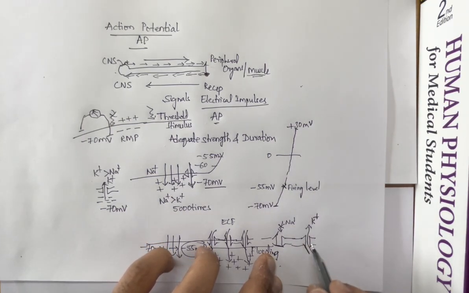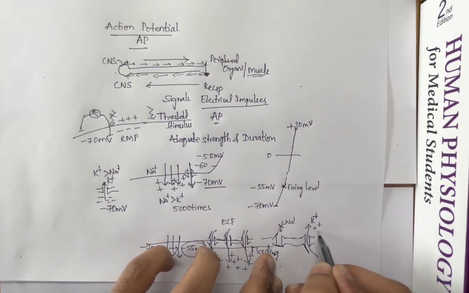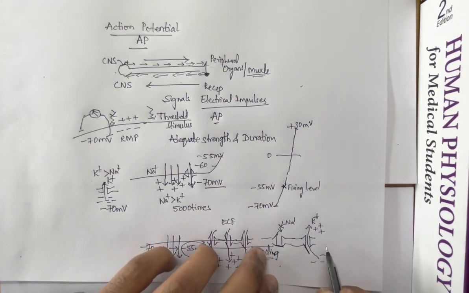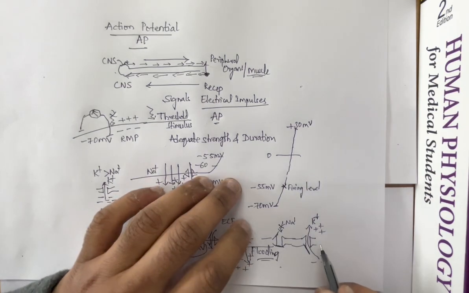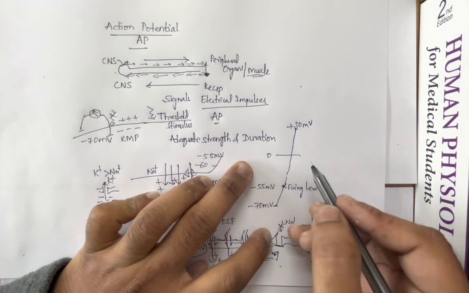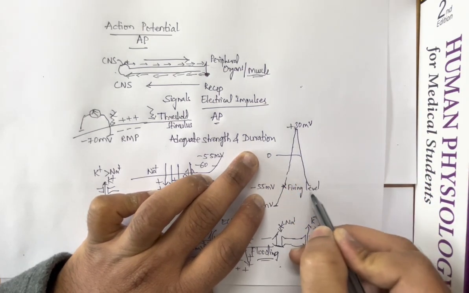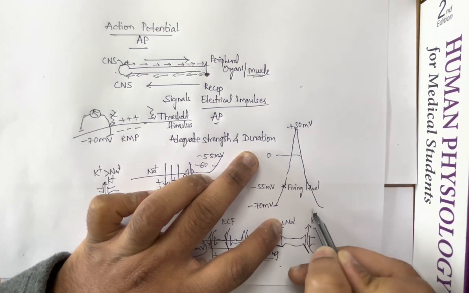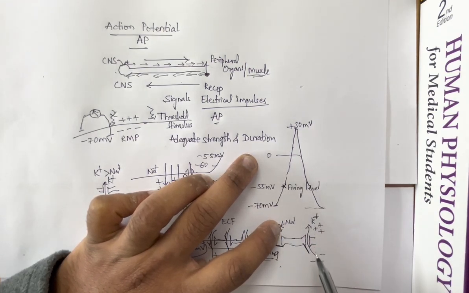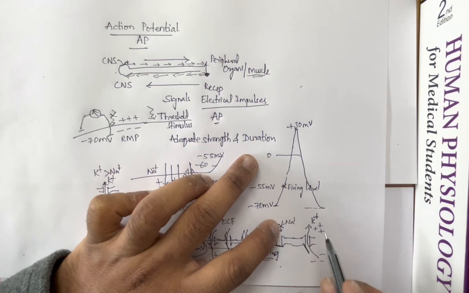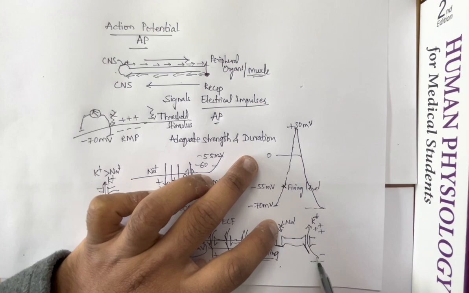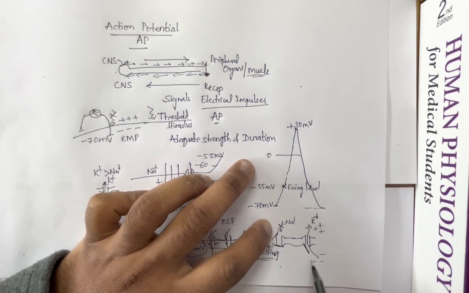So taking out the positivity from the cell, outside becomes positive, inside becomes negative, so that from plus 30 millivolt the membrane potential will return back to its resting level, that is around minus 70 millivolt, because of continuous efflux of positively charged potassium ions, taking positive outside, and the inside becomes negative. So restoration of the polarized state is happening. This is called repolarization.